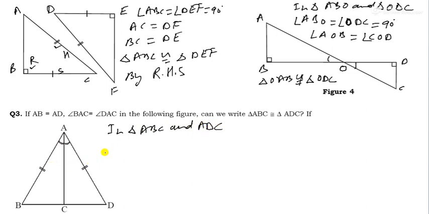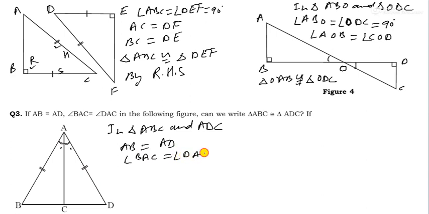First of all, AB is equal to AD, it is given in your question, and this angle is also equal. Angle of which one? BAC. Where is BAC? Yes, here is DAC.